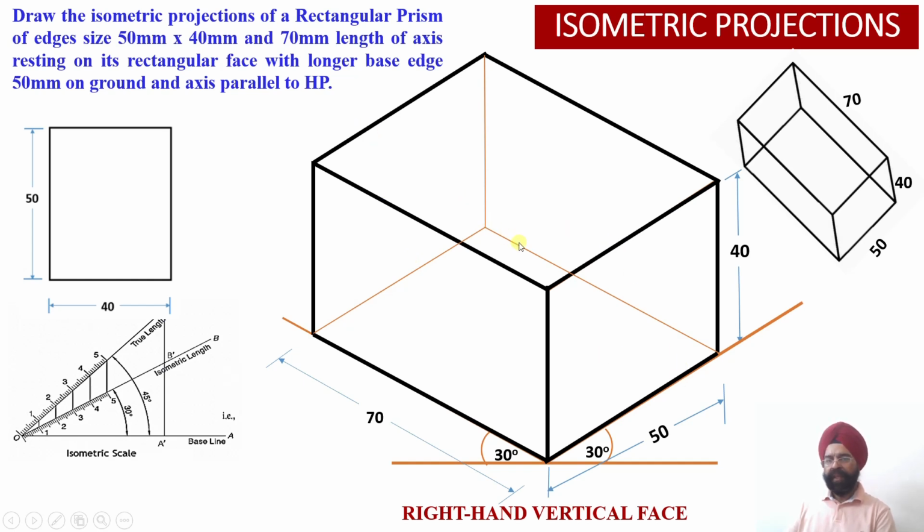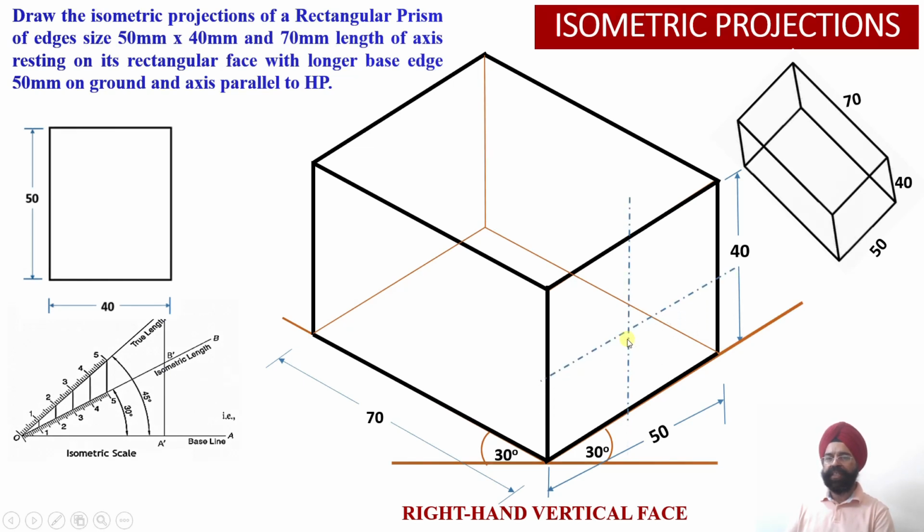And finally, this is another construction line I have drawn with a 2H light pencil, and this edge will be parallel to this one and this one, that is the x-axis over there. So this completes the construction of all the edges of the rectangular prism.